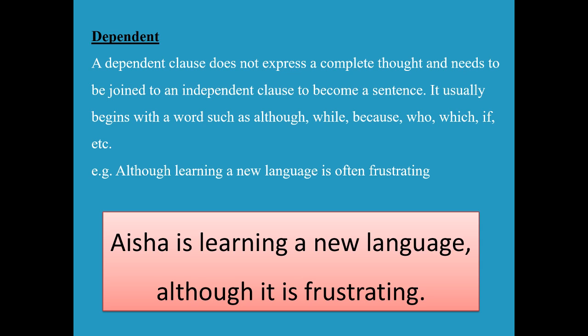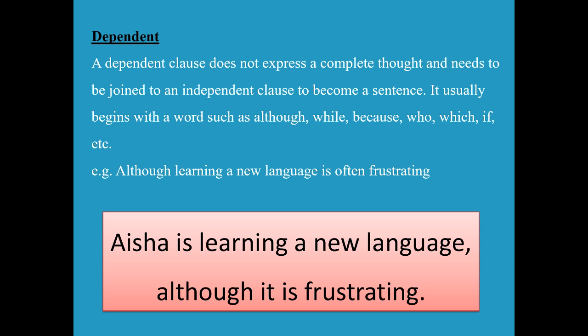So if you have understood dependent and independent clauses thoroughly, then it will be very easy to identify compound and complex sentences. Okay. Here's an example. Aisha is learning a new language, although it is frustrating. In this sentence, although it is frustrating is the dependent clause.